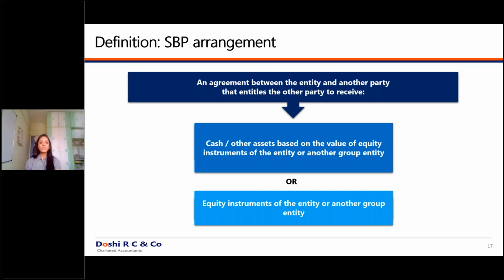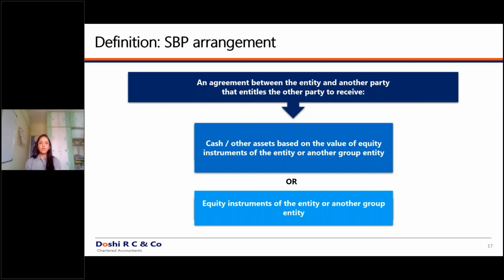Now what is the motivation to the employee? If he stays for a period of 3 years in the organization, then he will get a share of the company at rupees 70, at a discounted value. So in those cases, the employee is motivated and I'm giving him a consideration by way of issuing my own shares.